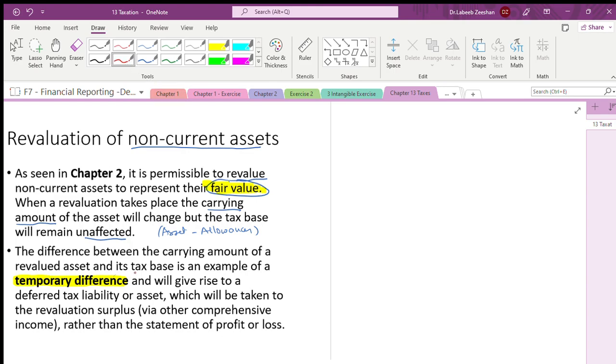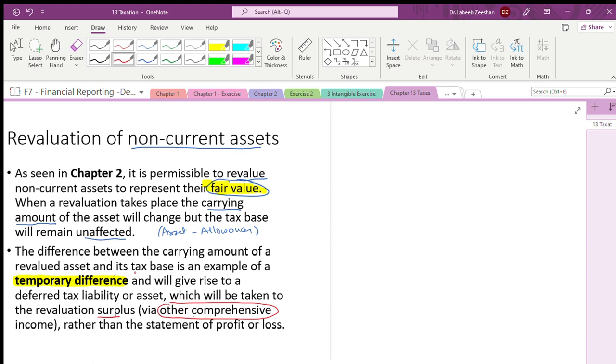When you are revaluing, the value of the asset will increase or decrease depending on the situation. Now the most important thing is where we will take this. We are going to take this in the OCI, other comprehensive income.